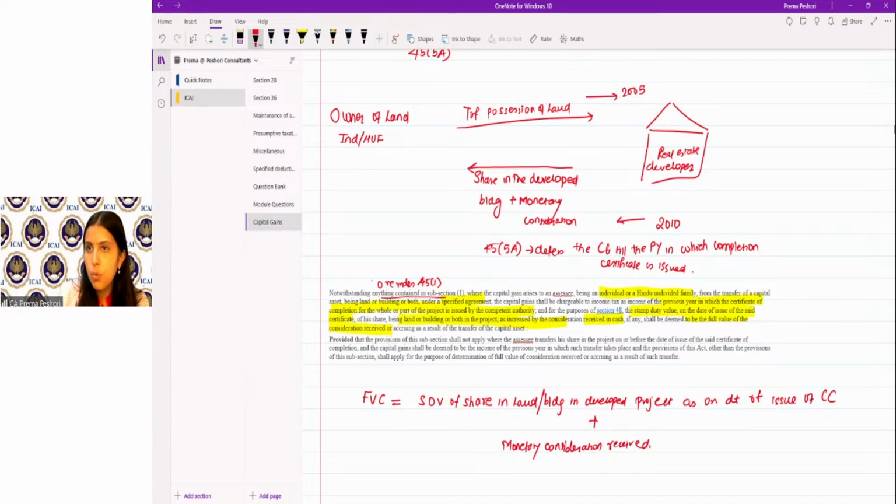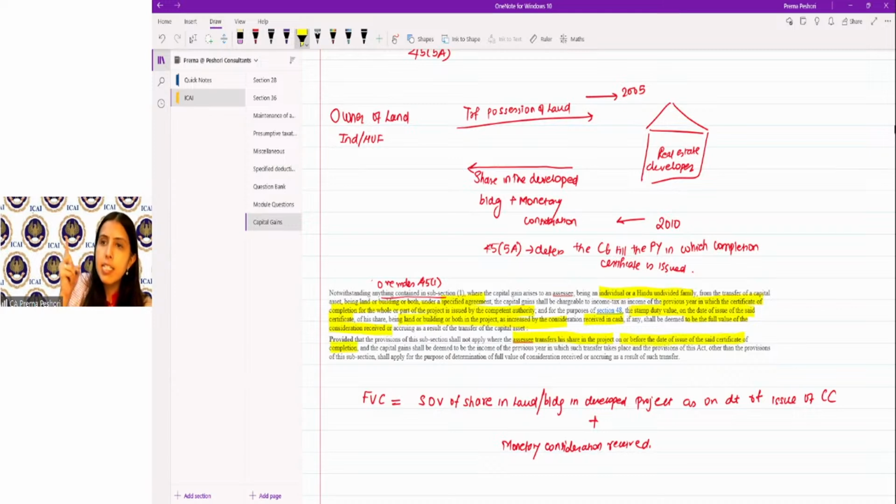There is a proviso. Proviso means exception. What does the exception say? That the provision of this subsection shall not apply where the assessee transfers his share in the project on or before the date of issue of the certificate of completion.